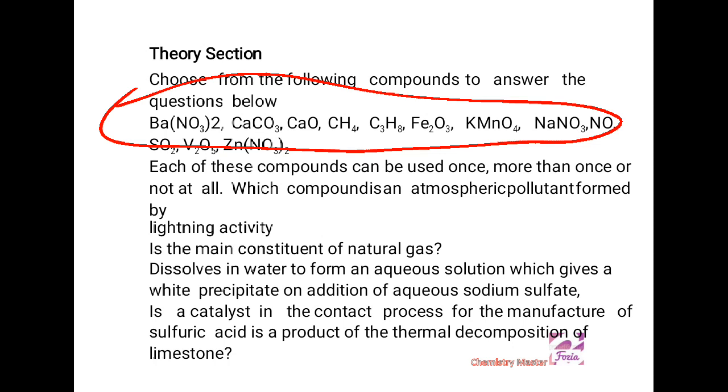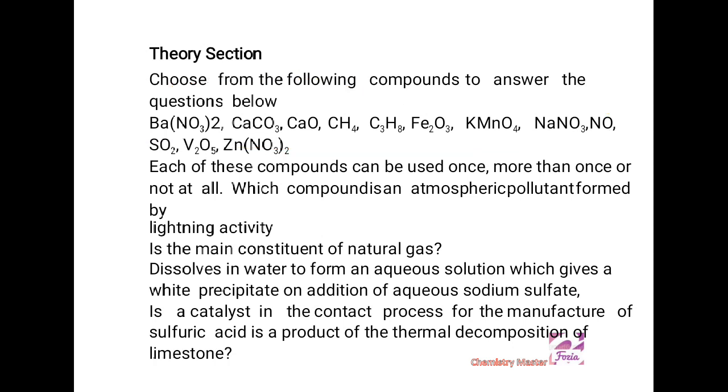And this is a hint that you can use one option more than one time. Okay, but this is not compulsory in all options. So we see the first part is, which compound is an amphoteric pollutant formed by lightning activity?